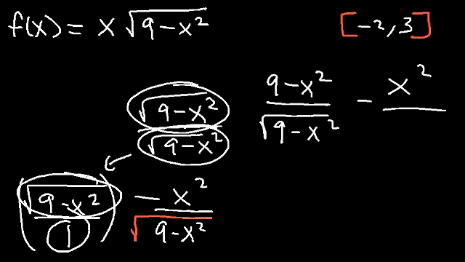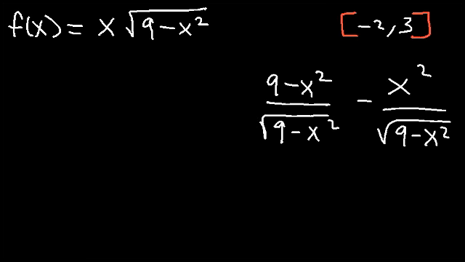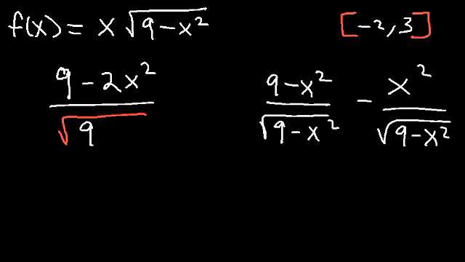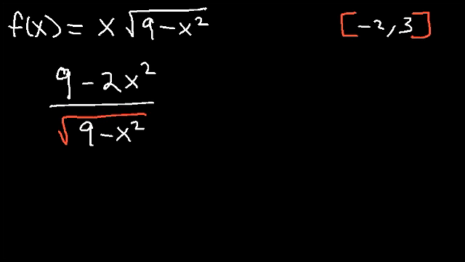So now that we have common denominators, we can combine the numerators. So 9 minus x squared minus x squared is equal to 9 minus 2x squared, divided by the square root of 9 minus x squared. So this is the first derivative.